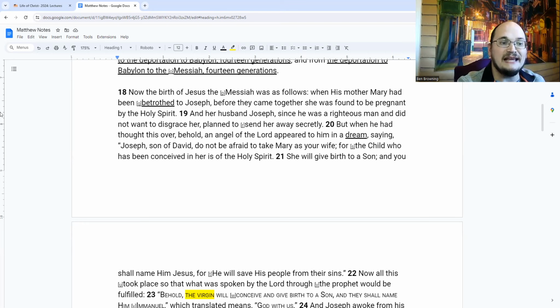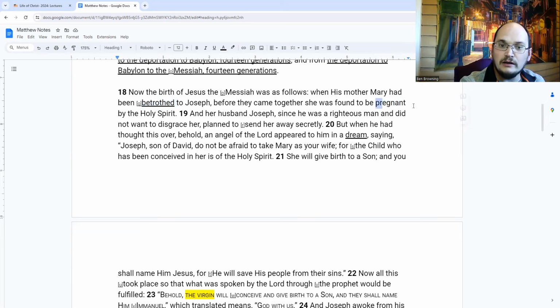Well, what we see happening here is we see this betrothal happening. They entered this period of being promised to each other, being really effectively married, though not actually consummated yet. And then she gets pregnant.